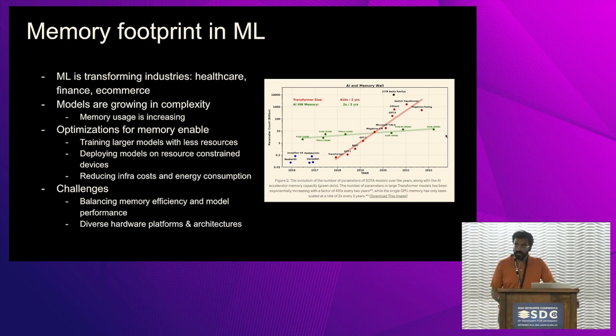This is especially true if you look at the future of AI. AI will be decentralized. It will be inherently private. You can imagine a future where a lot of these AI models run on devices. Apple Intelligence is already headed in that direction. There is also federated learning going on. Beyond all of this is also reducing infrastructure costs and energy consumption by optimizing memory.